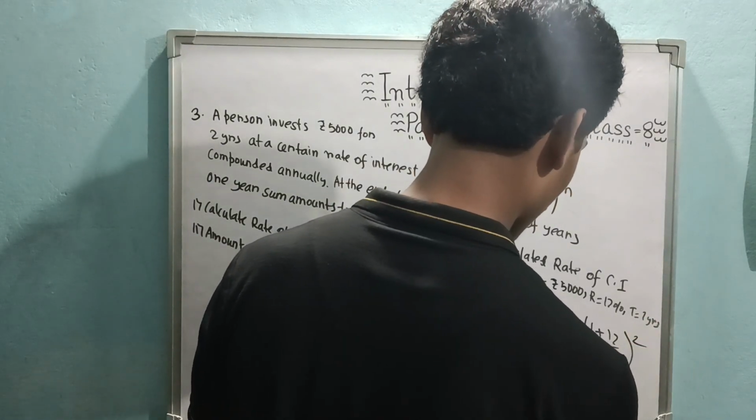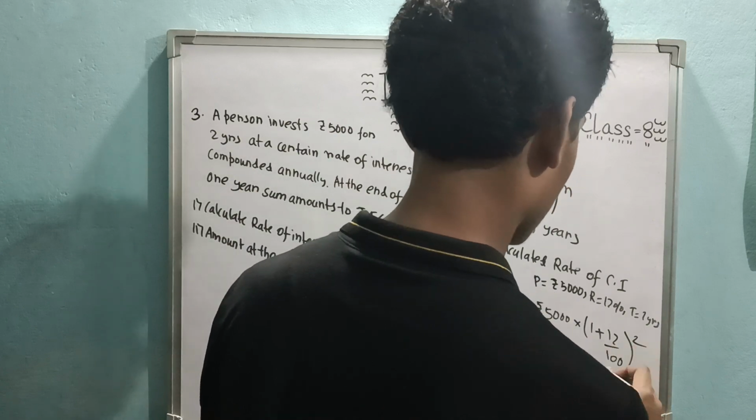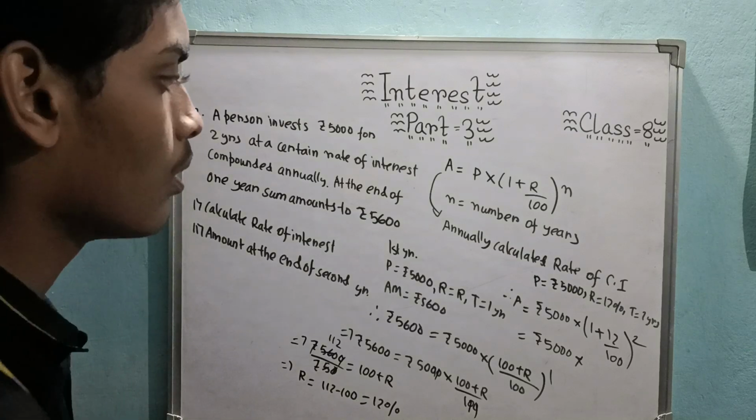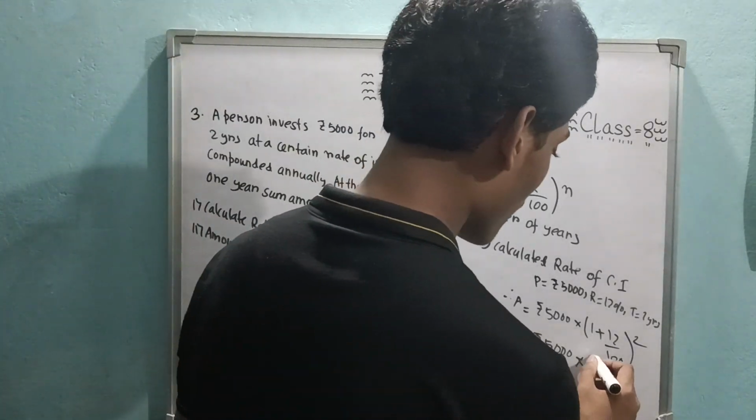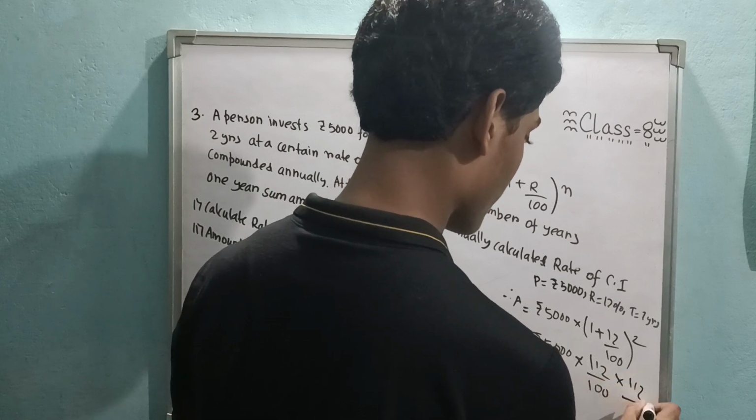So 5,000 into 112 by 100 to the power 2, meaning another time.